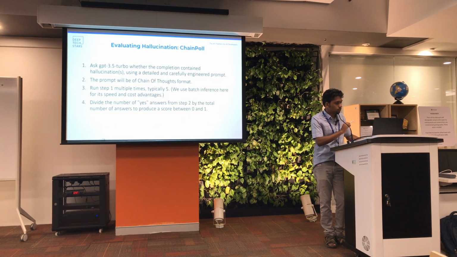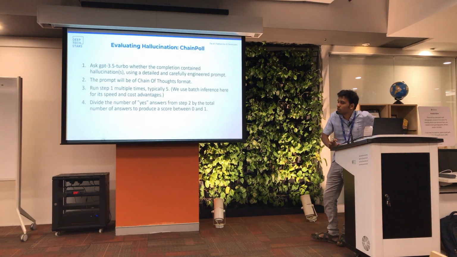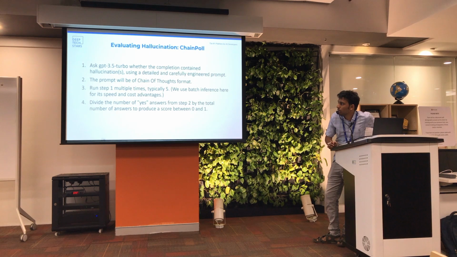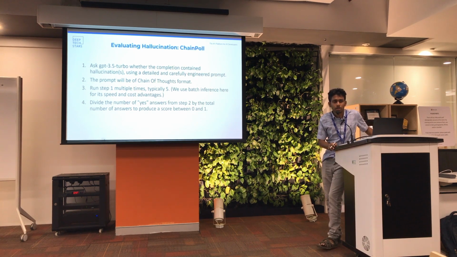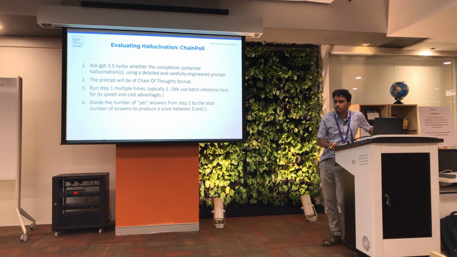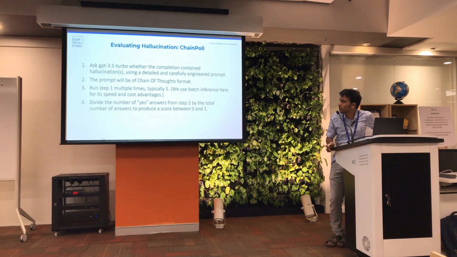Okay, this is the flow of ChainPoll. This is how they did it. So instead of GPT-3.5 Turbo, we will be using our own model. We'll first generate the output for our input from our model, and then we ask a bigger model, if you are using a smaller model like Mistral, how much it hallucinated or not.